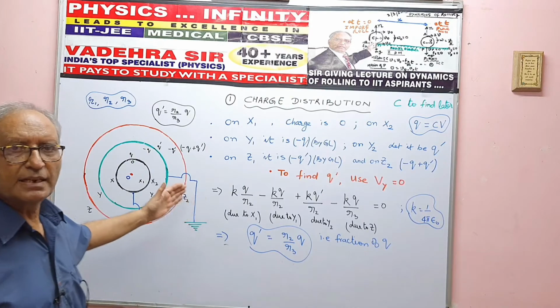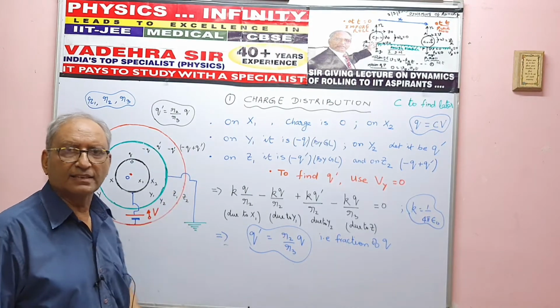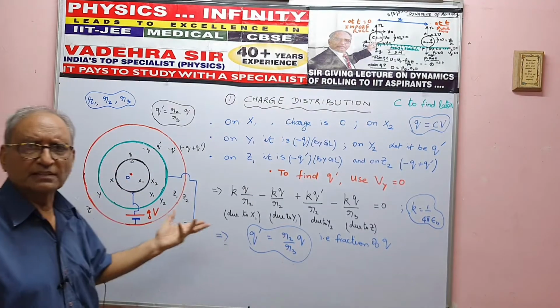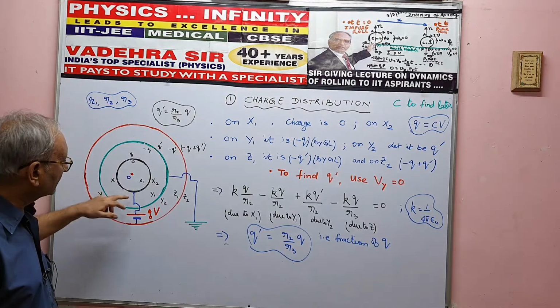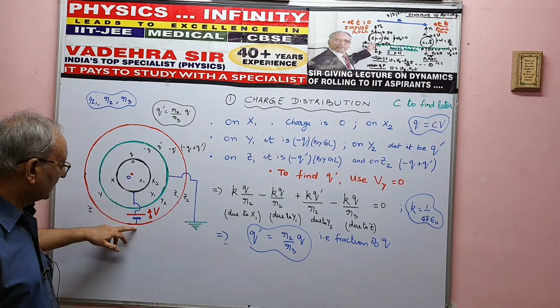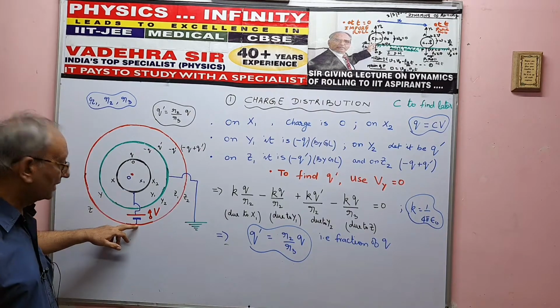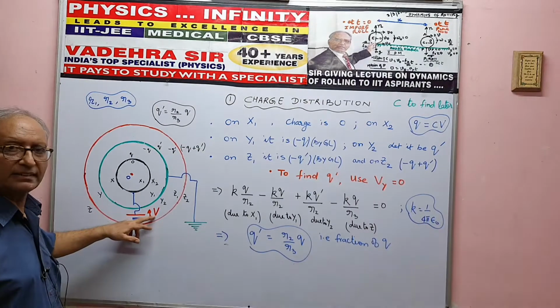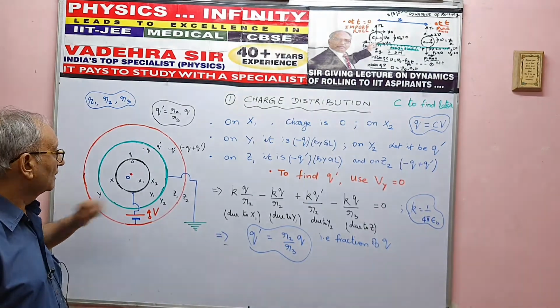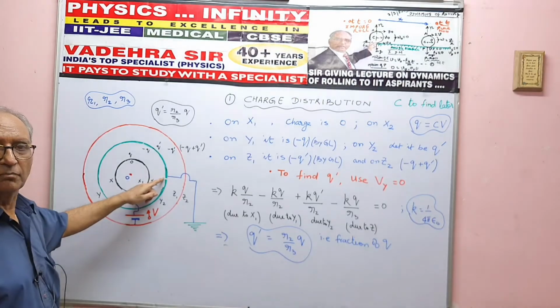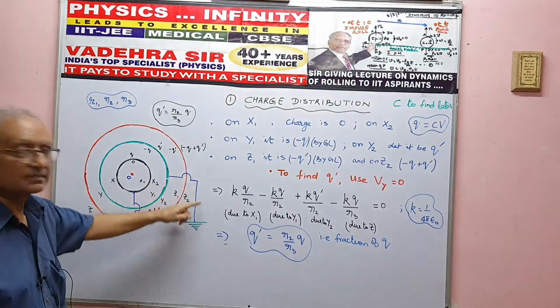These three plates X, Y and Z are hollow metal spheres of radii R1, R2, R3. Between the plates X and Z, a cell of EMF V is connected, and the middle plate Y is earthed.